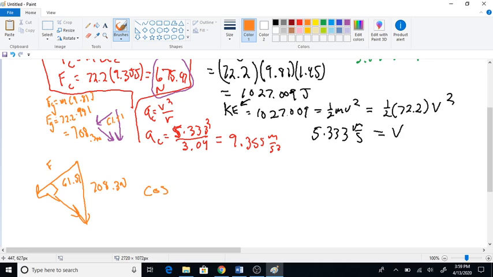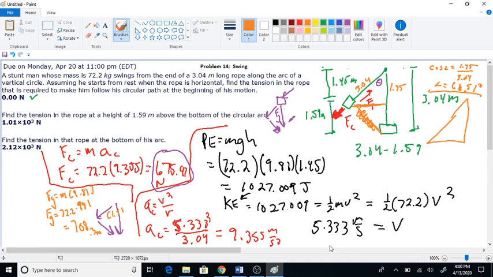So the cosine of 61.51 equals Fg, we could add FGX if we wish, over 708.3. And when we solve, we get an FGX of 337.83 newtons.